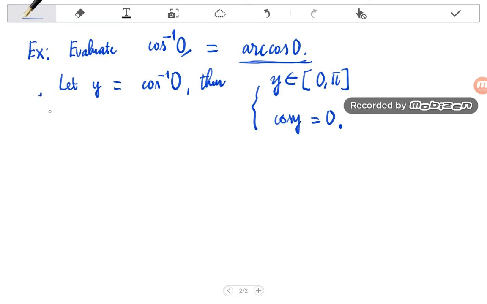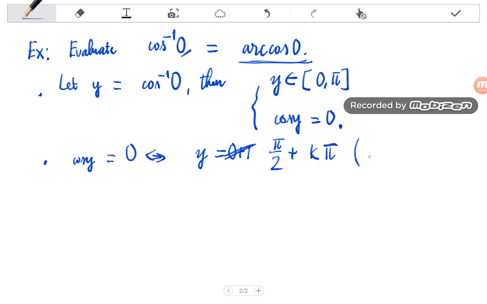First, we solve the equation cos y equals 0, and we know this equation is equivalent to y equals pi over 2 plus k times pi, with k in the set of integers, and among these values we must choose a value which lies in the closed interval 0 to pi, so we can choose y is pi over 2.